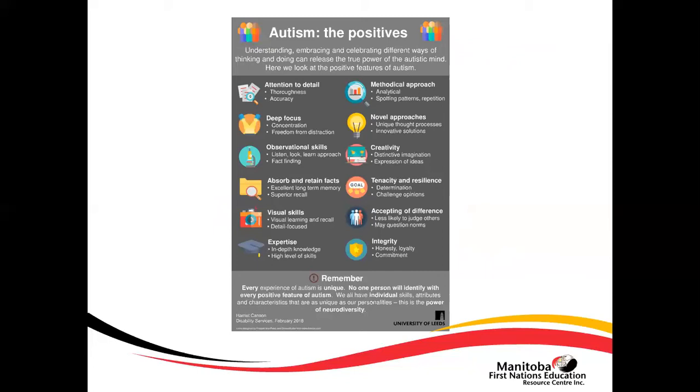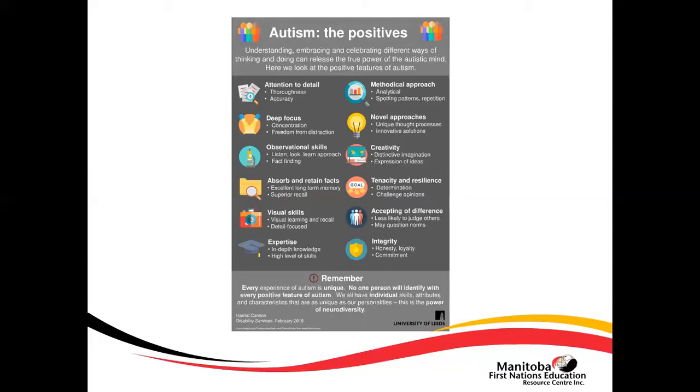And lastly, this is a great visual from Harriet Cannon at the University of Leeds, and it just shows a lot of the positives and a lot of the strengths that individuals with autism usually or often have. So things like attention to detail, they're very observant, they have very excellent memories, and their visual skills are often very advanced.